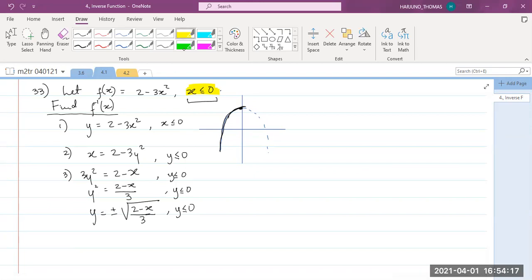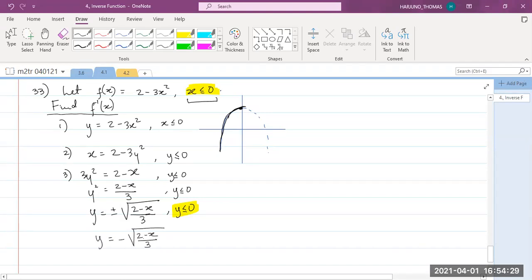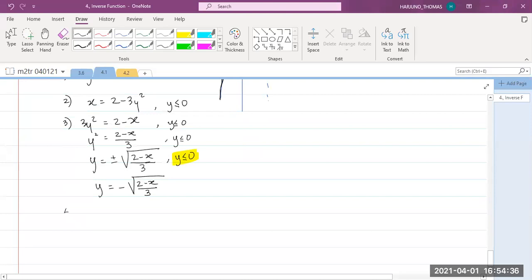But because y has to be non-positive, I will need to choose the negative branch. Now it is a function. Therefore, we have the right to use inverse function notation.